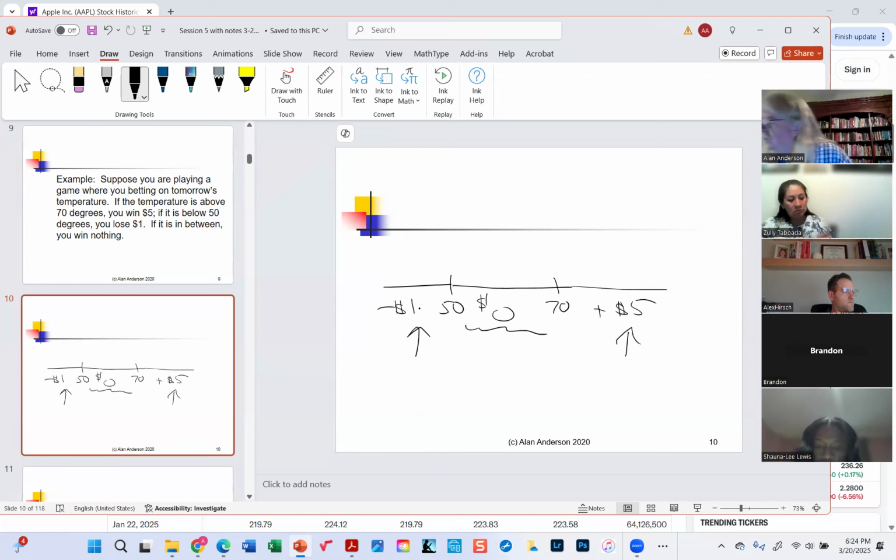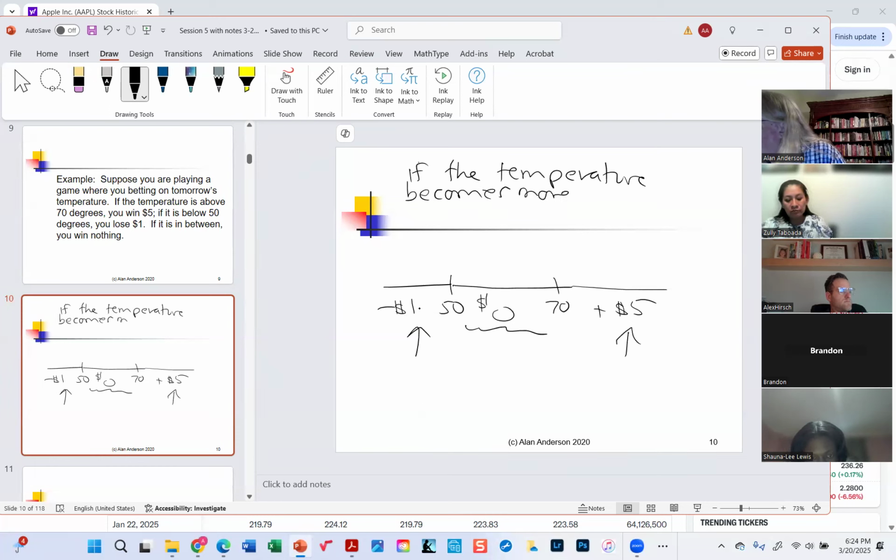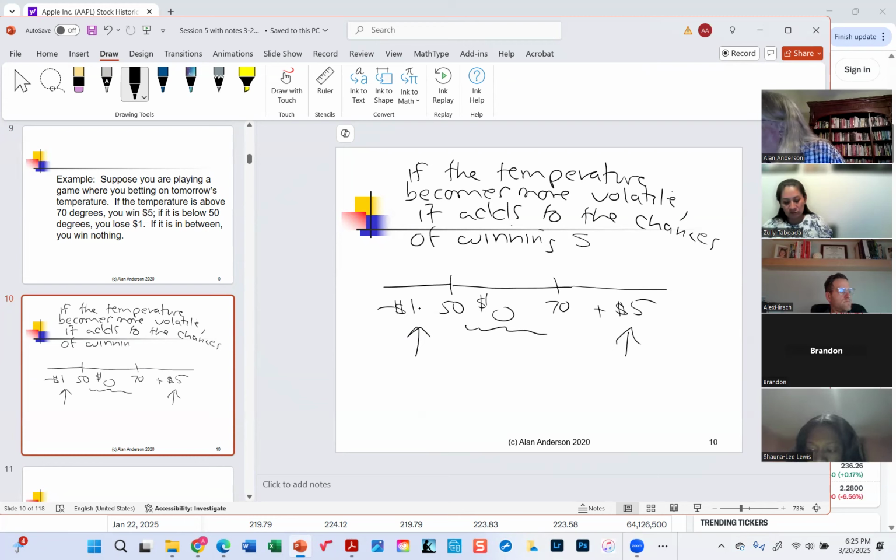Okay. So if the temperature becomes more volatile, it adds to the chances of winning $5 or losing $1.